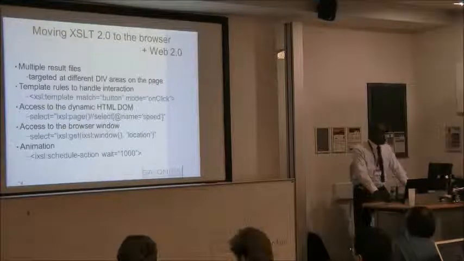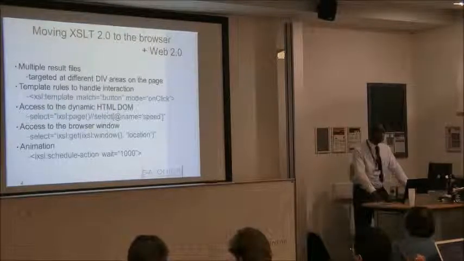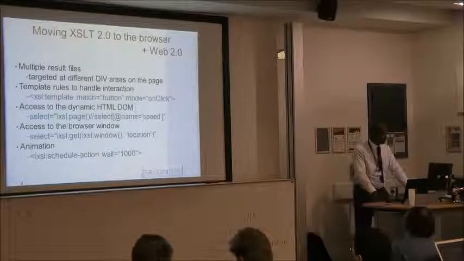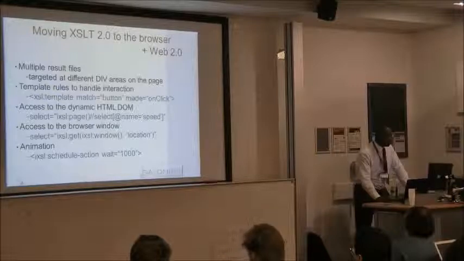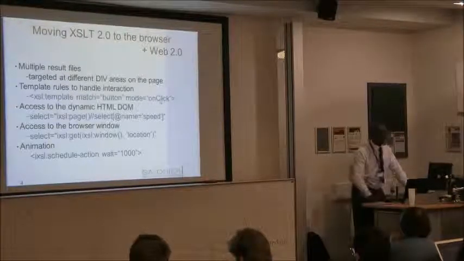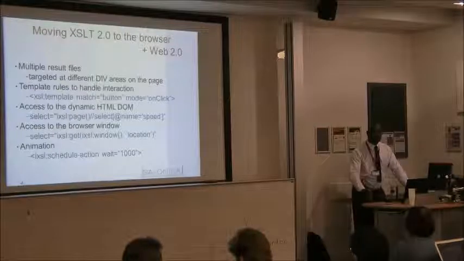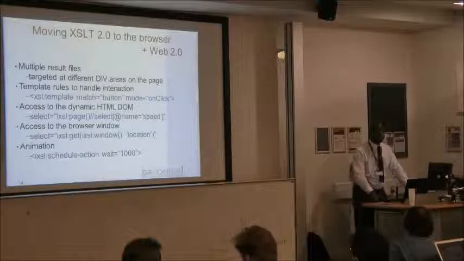Some of the great things we can do with XSLT 2.0 is we can have multiple result documents. We can make use of modes to support events. This is where we have extensions. So when you click on something, an event, you have a template rule which matches that, and you can do whatever.